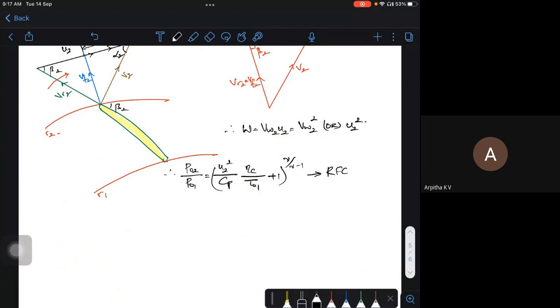Now, once you have seen this equation, there are certain factors which are going to affect your radial flow compressors. We'll try to look into that. What are the factors which will affect this?